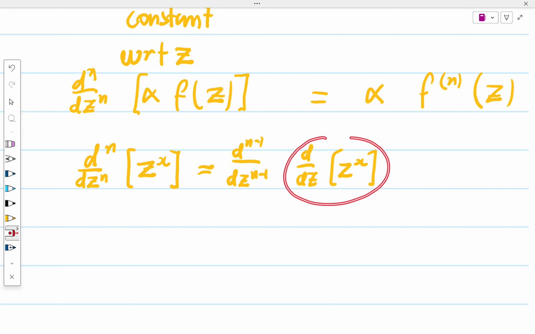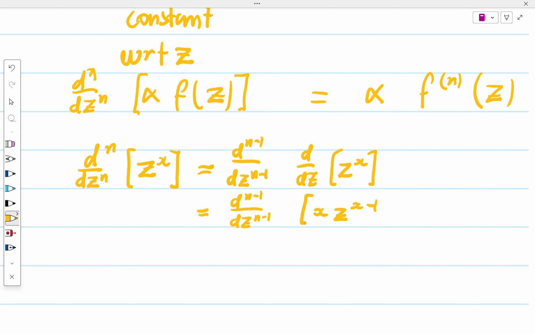Now, if we take the first derivative here, what we get is xz to the x minus 1. This is because of the power rule. This is a polynomial in z, so we bring the power down the front, x, and we've got x minus 1 here. And of course, we're still taking the n minus 1th derivative.